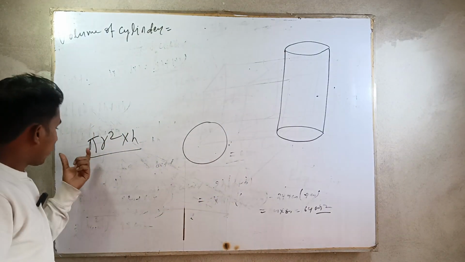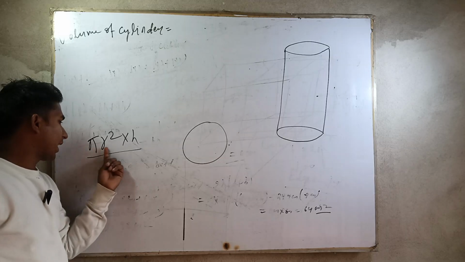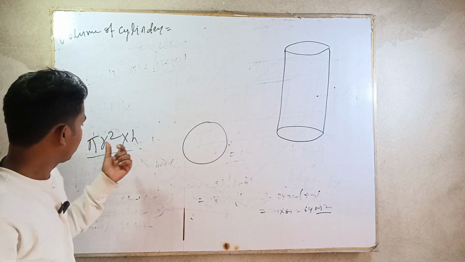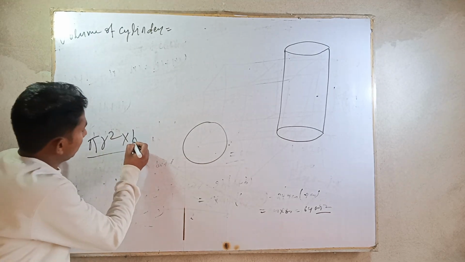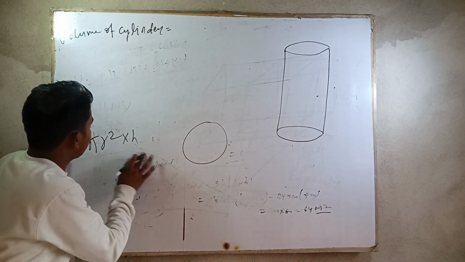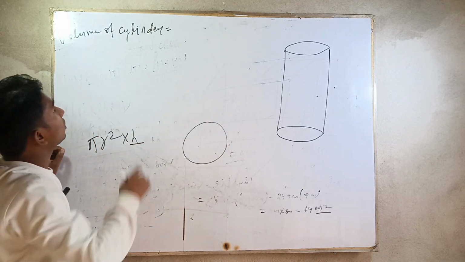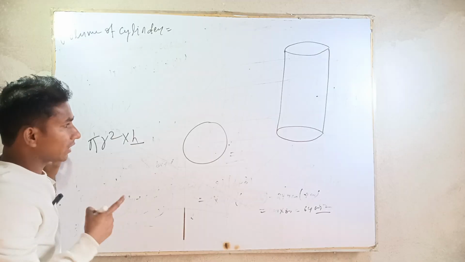So what I see is that if I multiply the area of circle with height, it will be the volume of cylinder.